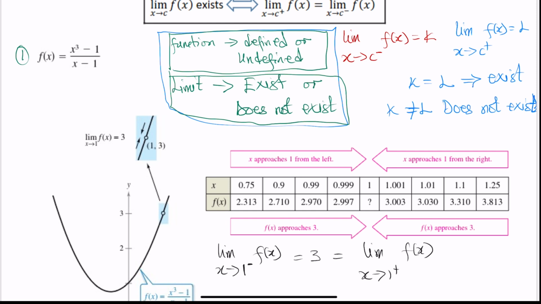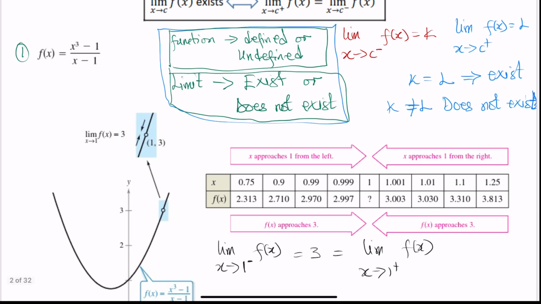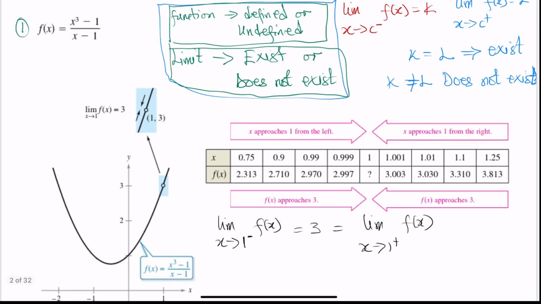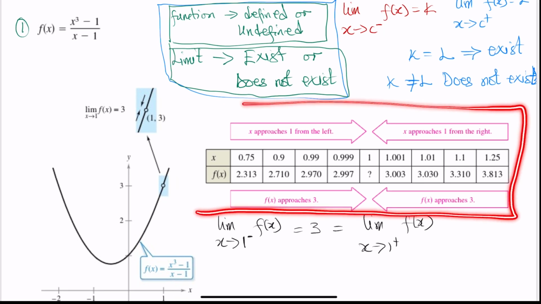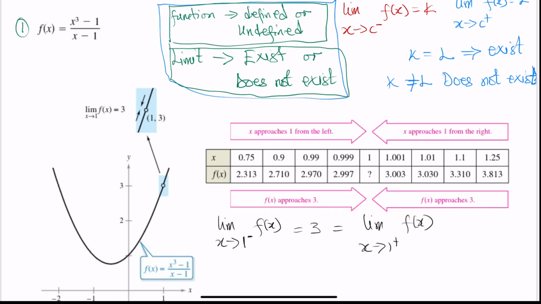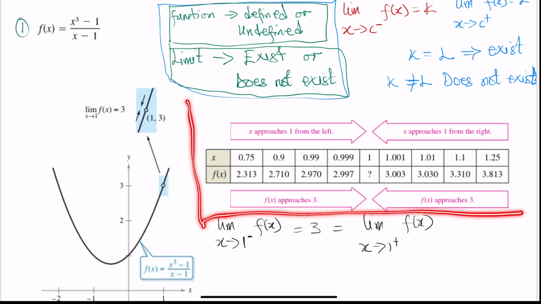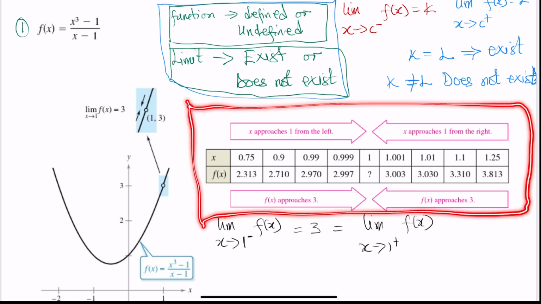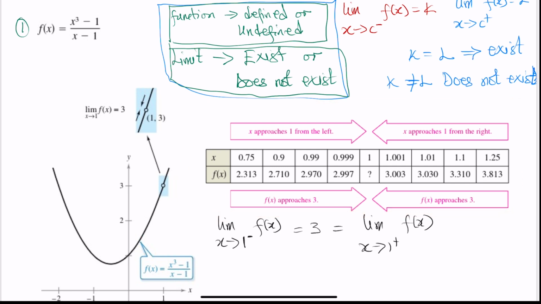So clearly that tells us that the limit as x approaches 1 equals 3. And that is the numerical approach of considering limits. Now it's a lot because you have to create a table and keep substituting values to see what particular value your limit is approaching.